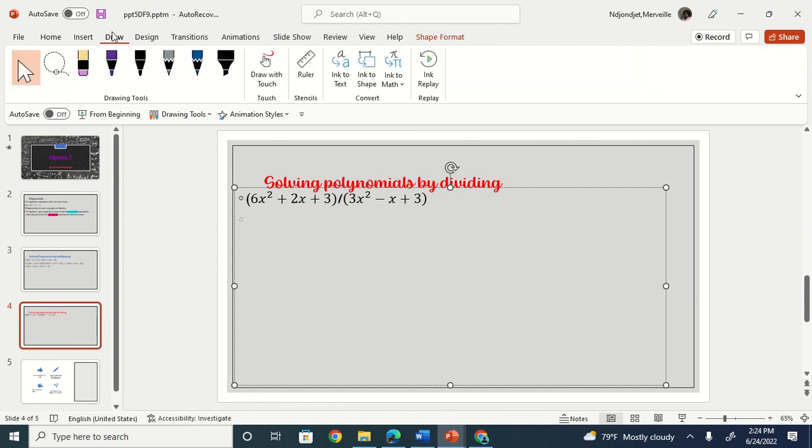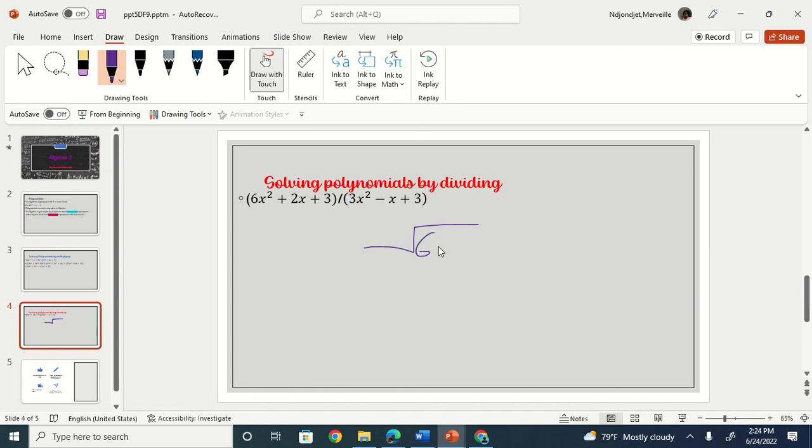So let me draw you an example over here. The number that you want to divide goes over here.